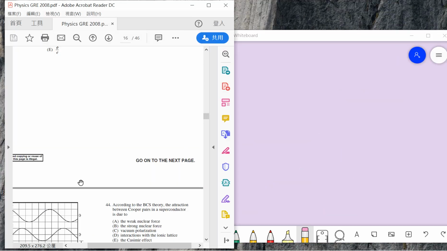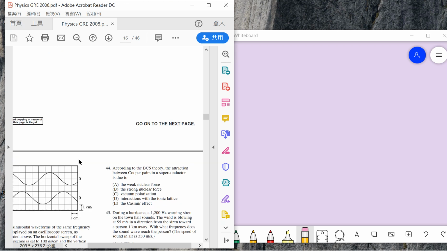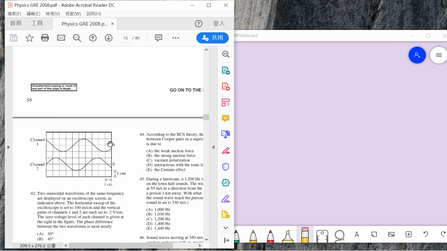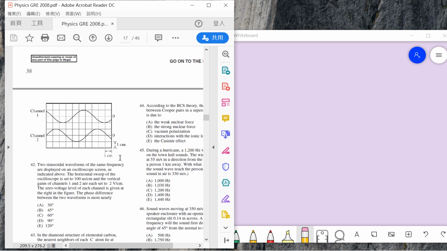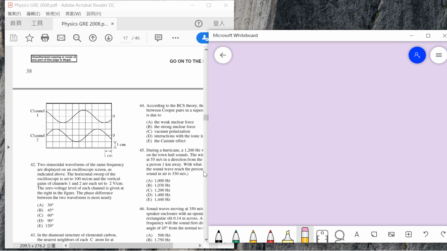Okay, so 42. You have two sinusoidal waveforms, and the horizontal sweep is 100 nanoseconds per centimeter, and it asks about the phase difference. Very difficult?